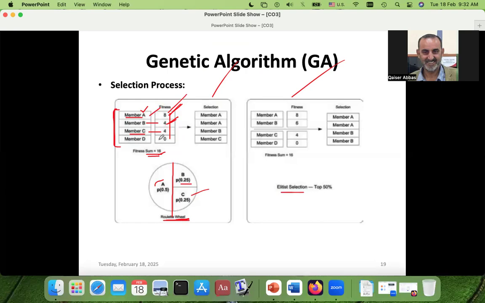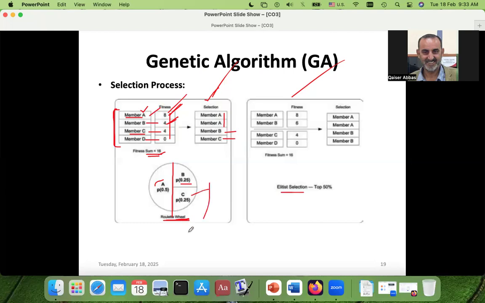And this has the value 0, so it has a chance of 0. Understood? So that's why it is written here that for the selection, member A will have 2 times the chance to be selected, and members B and C have 1 time the chance to be selected.